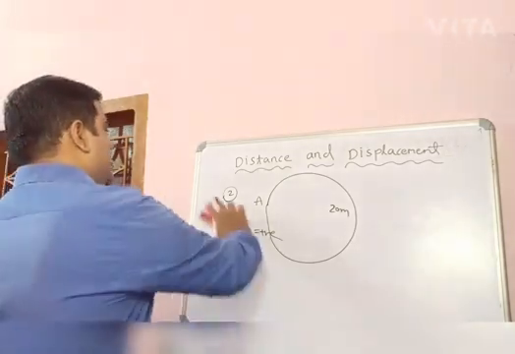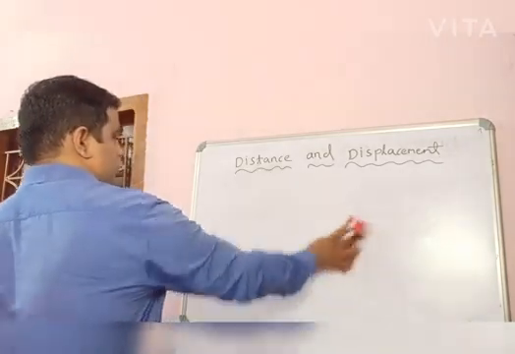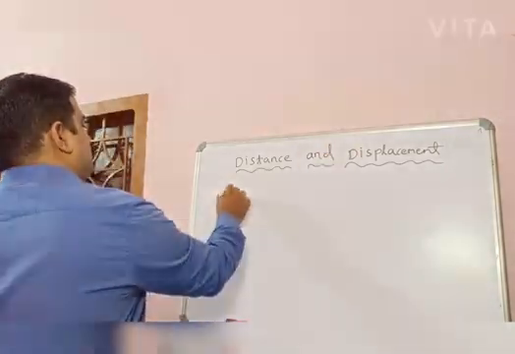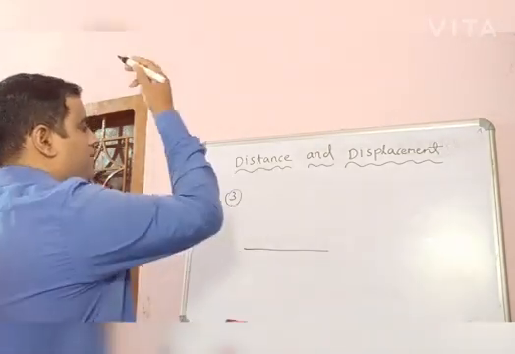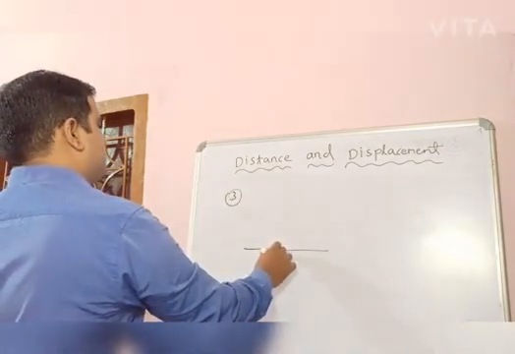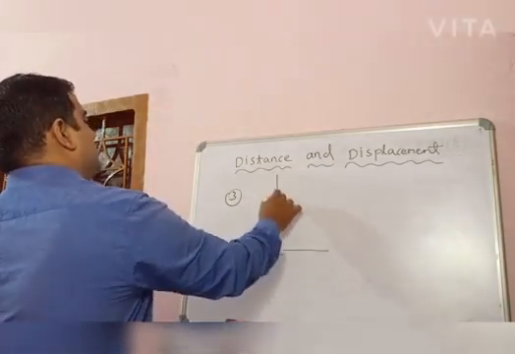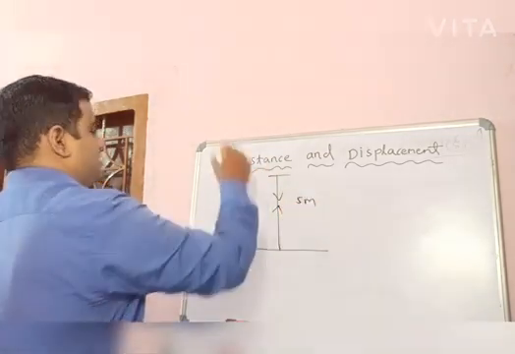Okay, let us take another example of distance and displacement. Third example, let a body be thrown vertically upward. Okay, when a body is thrown vertically upward, here let the body travel 5 meter in upward direction.